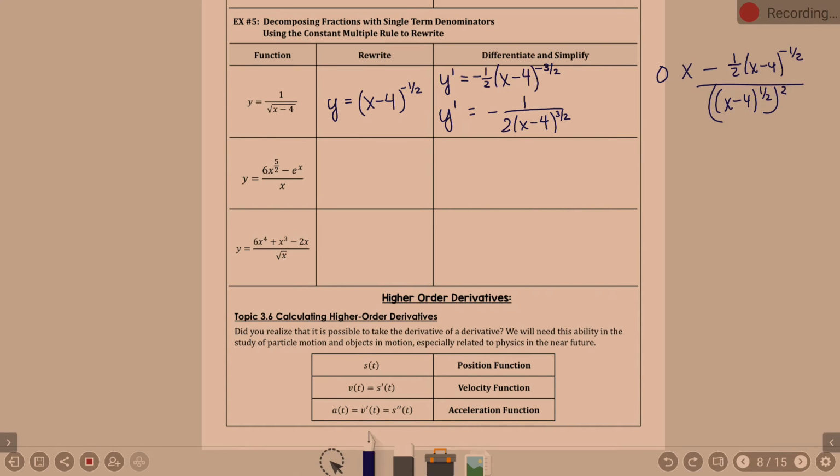It would work out to be the same thing, but if you can take it out of the fraction form and not use the quotient rule, life can be a little bit better.